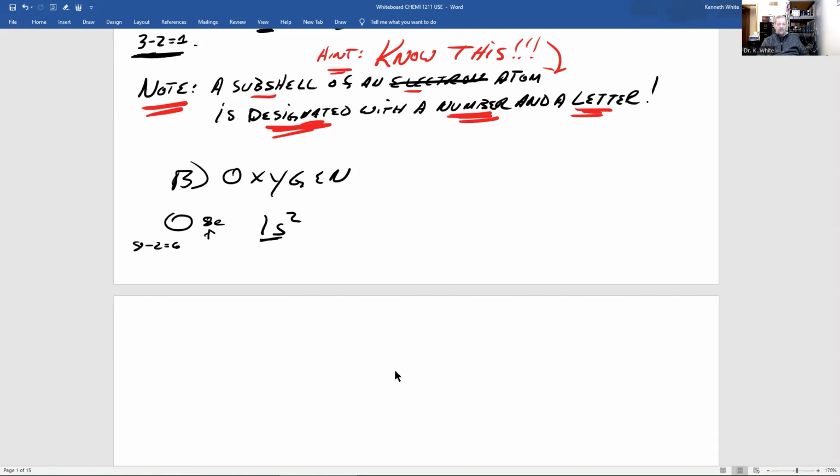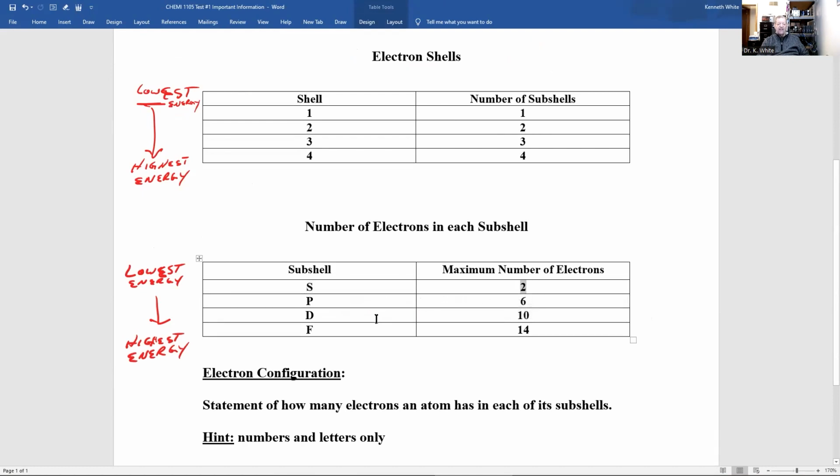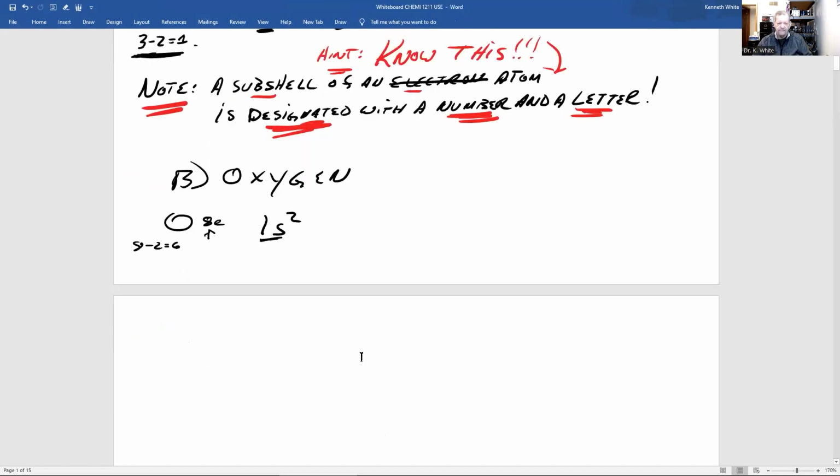Now I have to go to the next lowest energy shell. That's shell 2, and shell 2 has 2 subshells. The first subshell, 2s, I can put 2 electrons in. The second subshell is 2p, and I can put 6 electrons in there. So you always fill the lowest subshell, and on shell 2, remember a subshell is a numbered letter of a shell, that lowest subshell would be 2s.